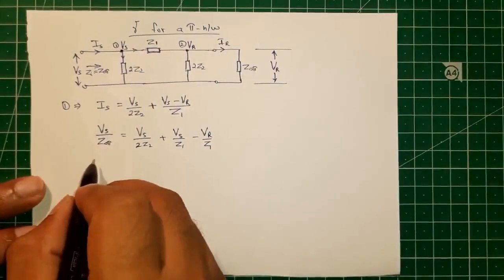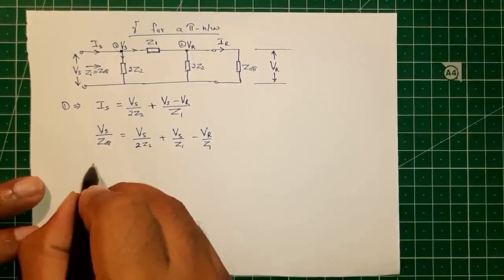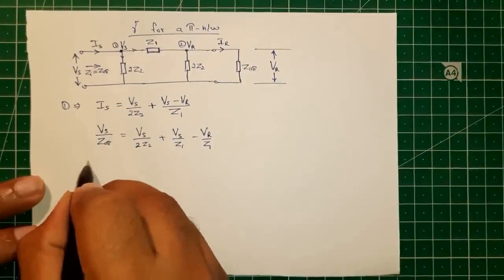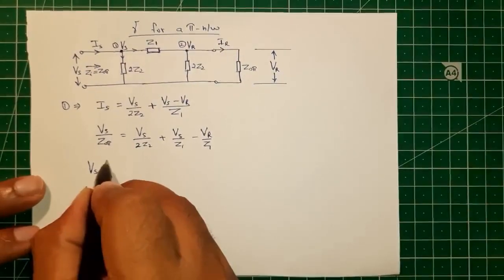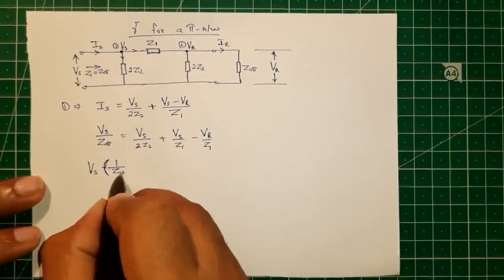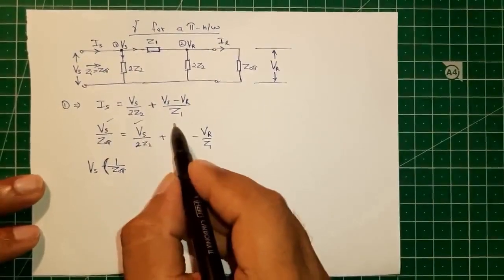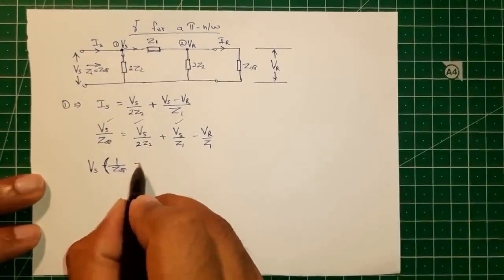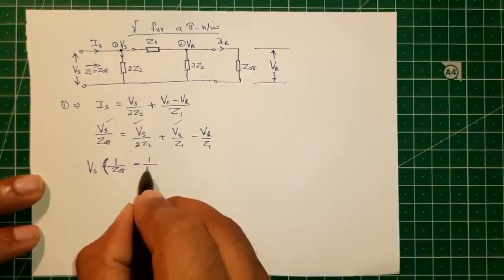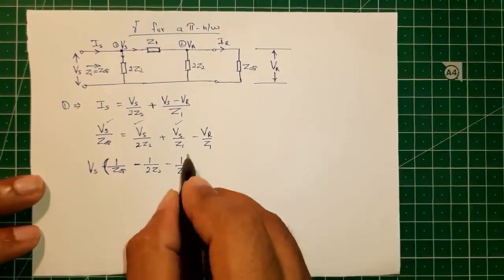Now like before, we'll collect the terms for Vs and Vr. So here we have Vs into 1 upon Z0 pi, so we have these terms minus 1 by 2Z2 minus 1 by Z1.